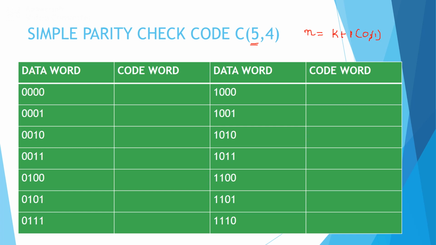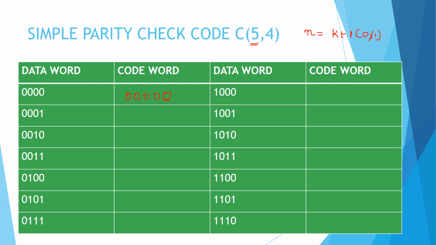While computing the code word, initially I write the given data word as it is. Then I add one extra bit such that the number of ones in the code word is even. In the first case I cannot add 1, because then the number of ones in the code word would be odd. So I add an extra 0.